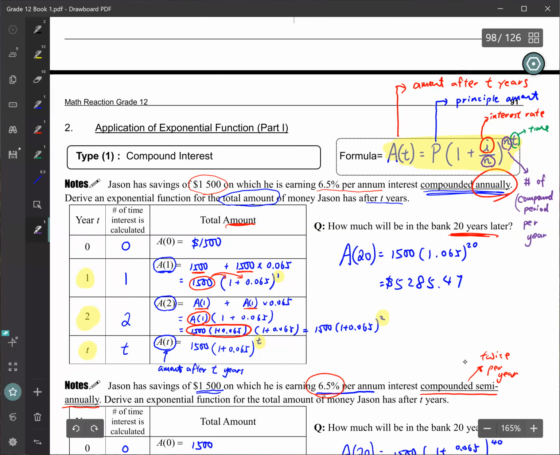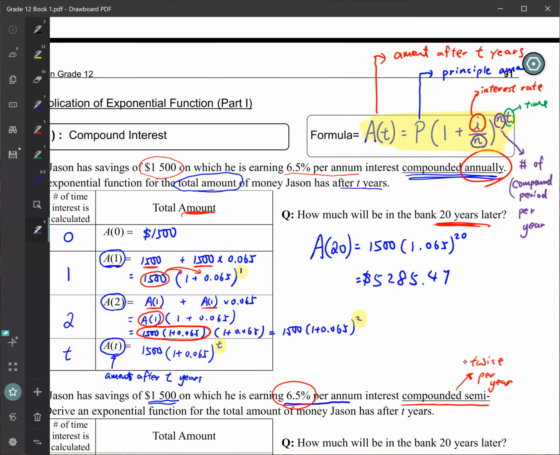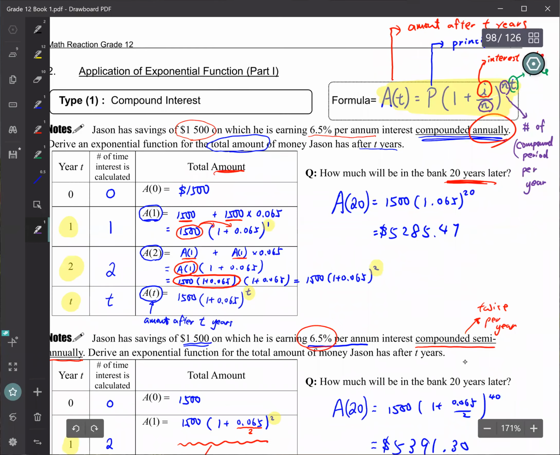Compound period means the time that you get the interest. For example, annually means 1 year, right? So how many 1 year each year? So only 1 year. For this one, semi-annually means your compound period is half year. So how many half year per year? Each year you have 2 half years, so that's why n equals 2.